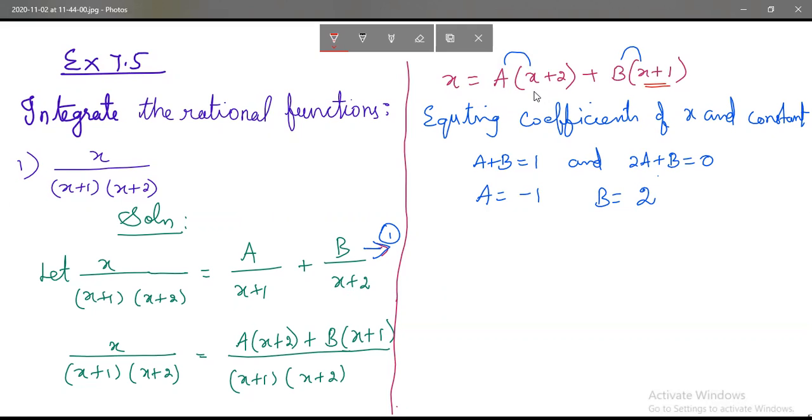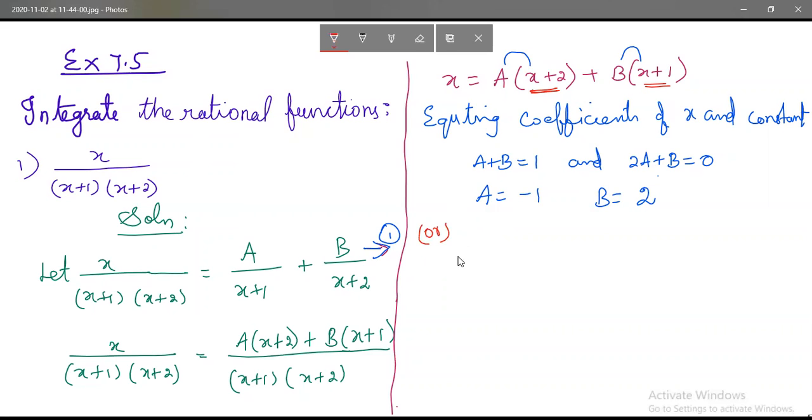And when you substitute x is equal to minus 2, minus 2 plus 2 will be 0, so A into 0, A is eliminated completely. Any one method you only have to follow.